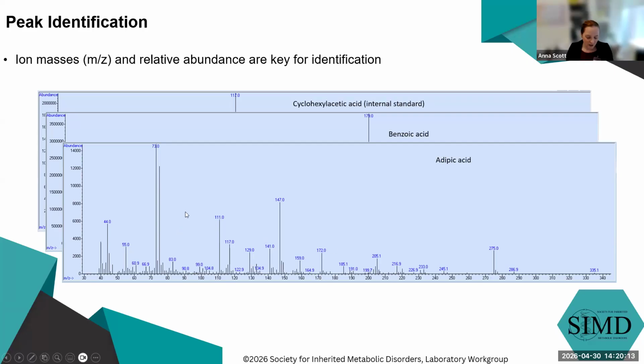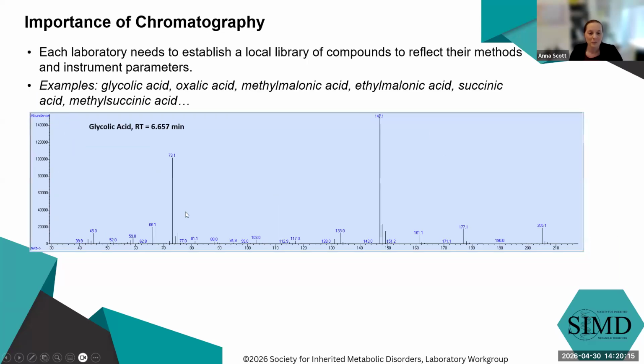It gets confusing when things coelute. And also, some compounds do not have really pretty, clean, unique masses. So it is essential for each laboratory to establish a local library of metabolites that reflect their methods and their instrument parameters.